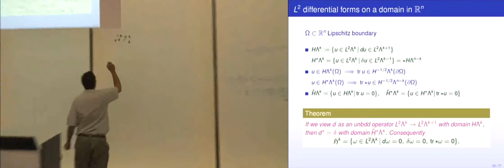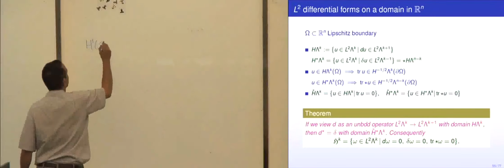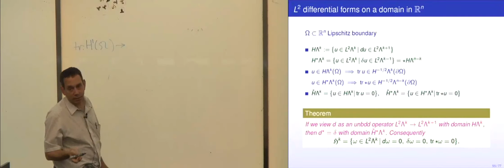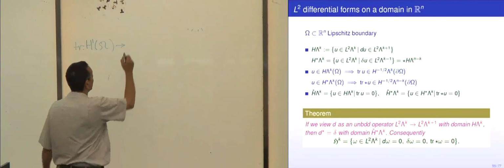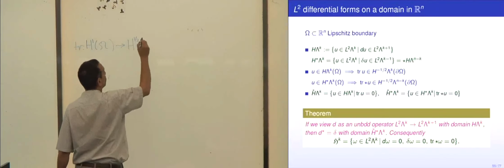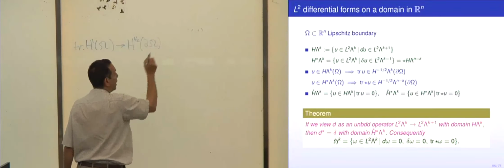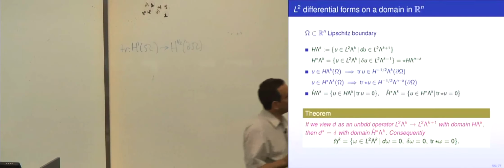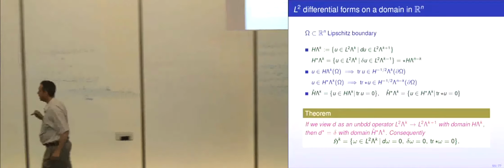You're used to the fact that H1 of omega has a trace, and it's in what space? H plus 1/2 of the boundary of omega, not H minus 1/2. And in fact, it's onto that space. You can deduce that from what's written on the board, even though we have a minus 1/2. And why is that?